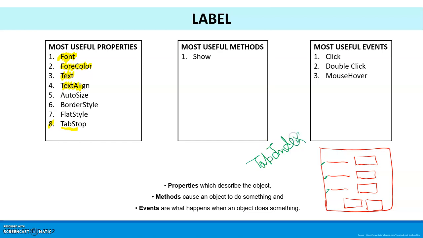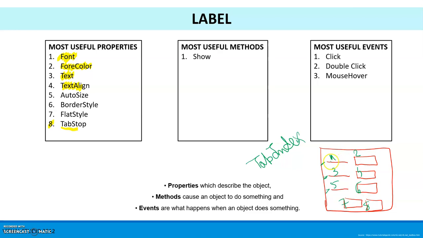Tab index is used to get the tab index value. Like if the tab index values are 1, 2, 3, 4, 5, 6, 7 and 8, what will happen when you run the form?